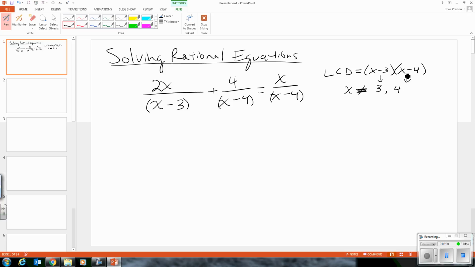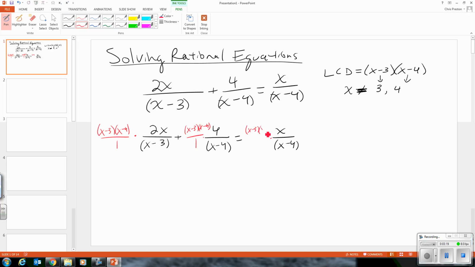So let's go about how we're going to solve this. Now that I know the least common denominator, there are a couple of different approaches. The way I generally do it is multiply both sides of my equation by the common denominator over 1. So I'm going to multiply everybody by x minus 3 times x minus 4 over 1.